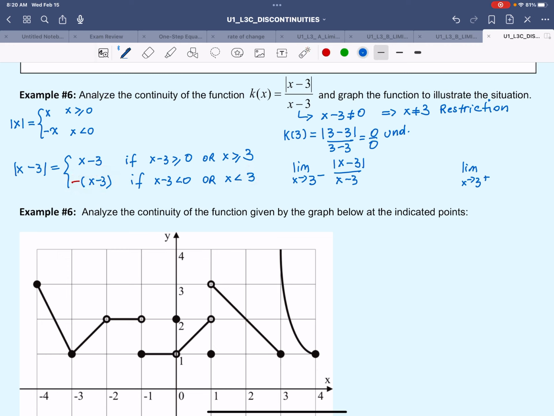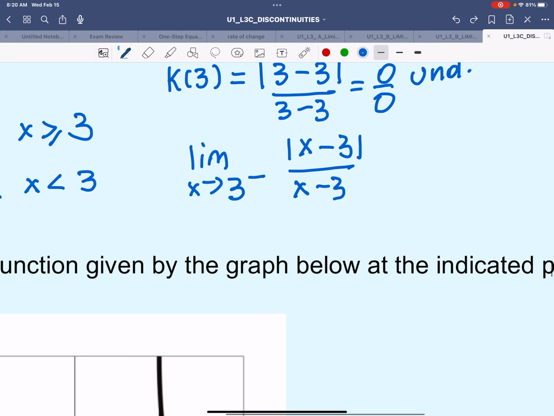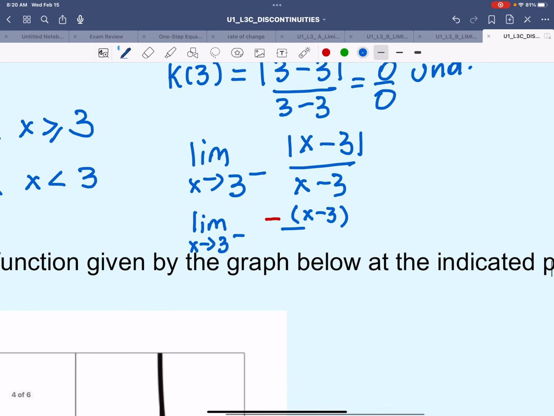So therefore, that would be equal to, I'm going to write it down here, the limit as x approaches 3 from the left. To remove the absolute value, we are taking the opposite of x minus 3, because we know that x minus 3 will be a negative number for all the x values to the left side of 3. And that would be over x minus 3.